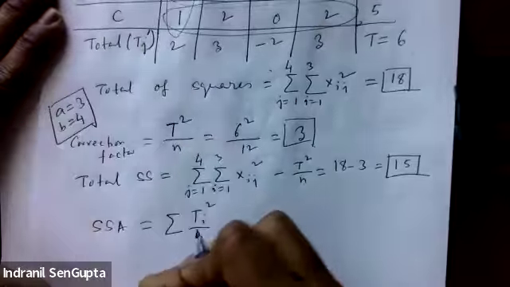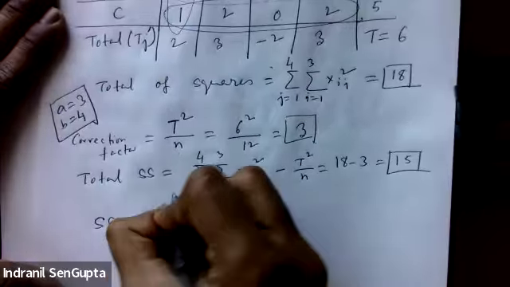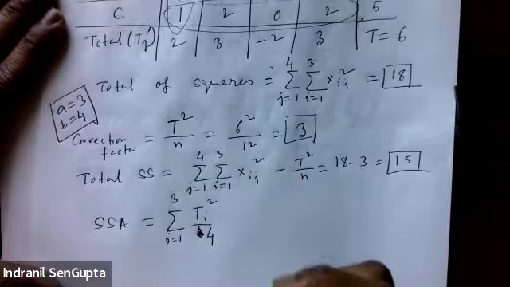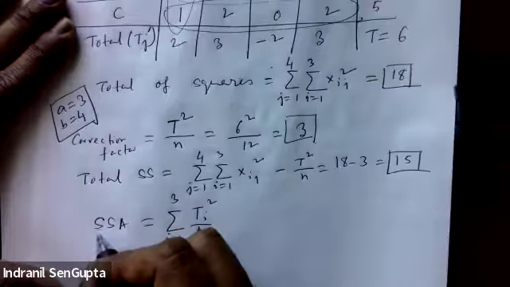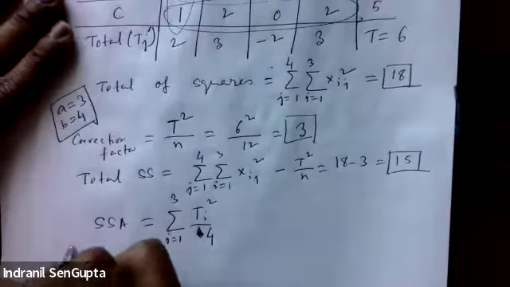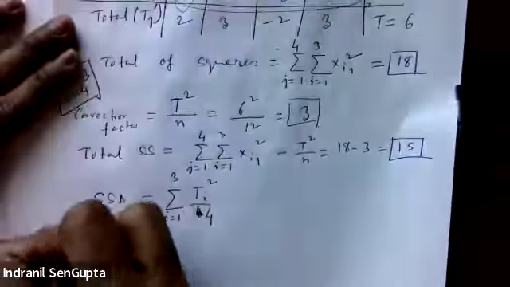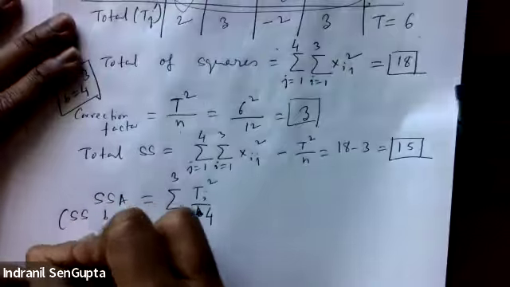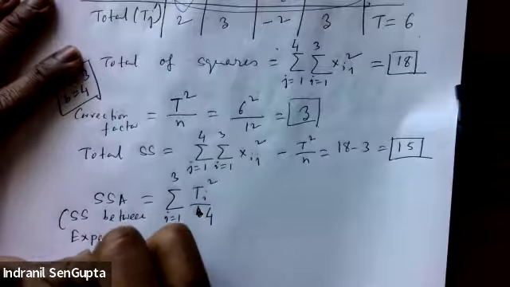So it's ti square over 4, and i runs from 1 to 3. So that is the SSA. Or I think if I write SSA, it's confusing. So it's really the SS between the experimenters.